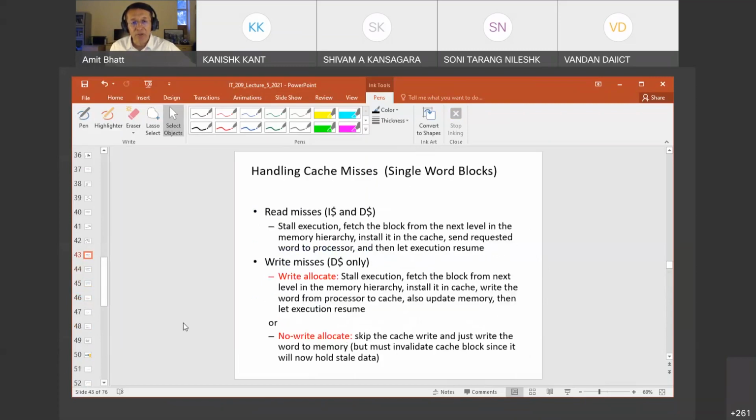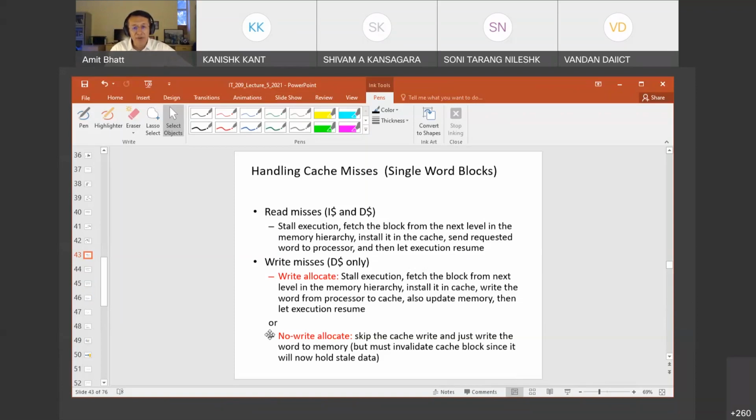Write misses are only for data cache. In write allocate, we stop the execution, fetch the block from the next level in the memory hierarchy, install it in the cache, write the word from the processor to the cache, and also update the memory, and then let execution resume. So this is a very simplistic way and not very nice, a good architect would say.